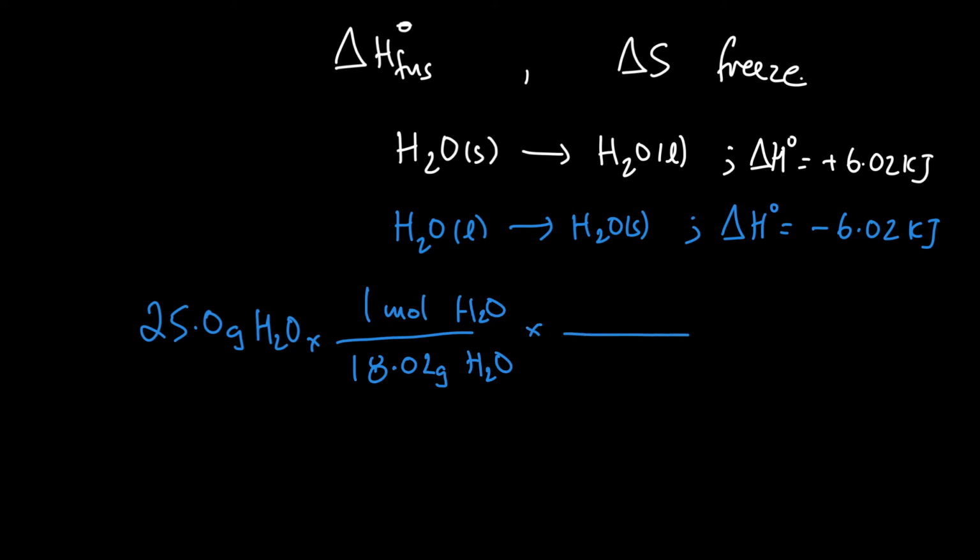So, okay, we could stop there, but we can also calculate delta H. We could calculate Q. We know that the way to read the thermochemical equation is whatever that coefficient is, the number of moles, and the number of kilojoules. So we can calculate delta H. So it is minus 6.02 kilojoules per mole of water.